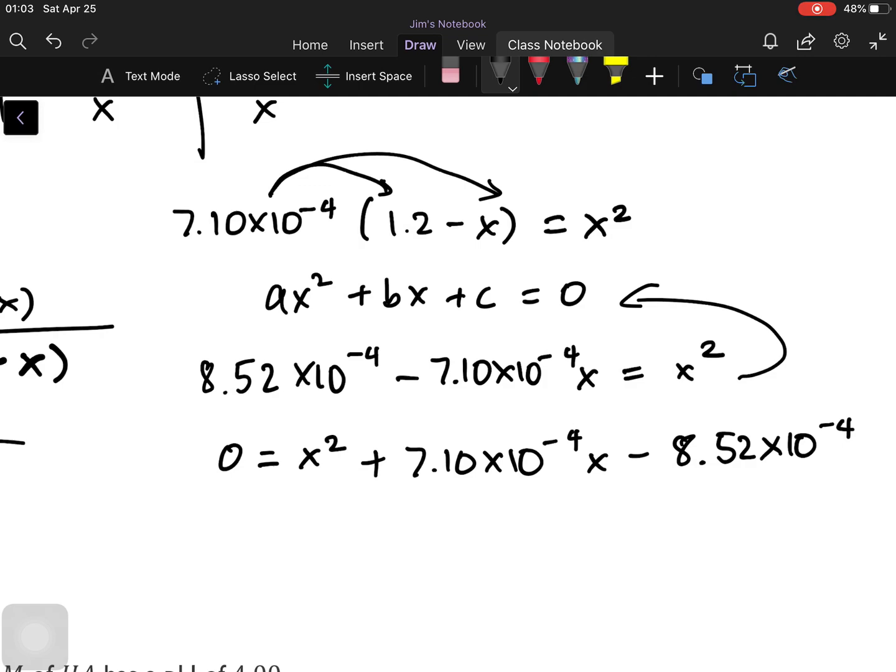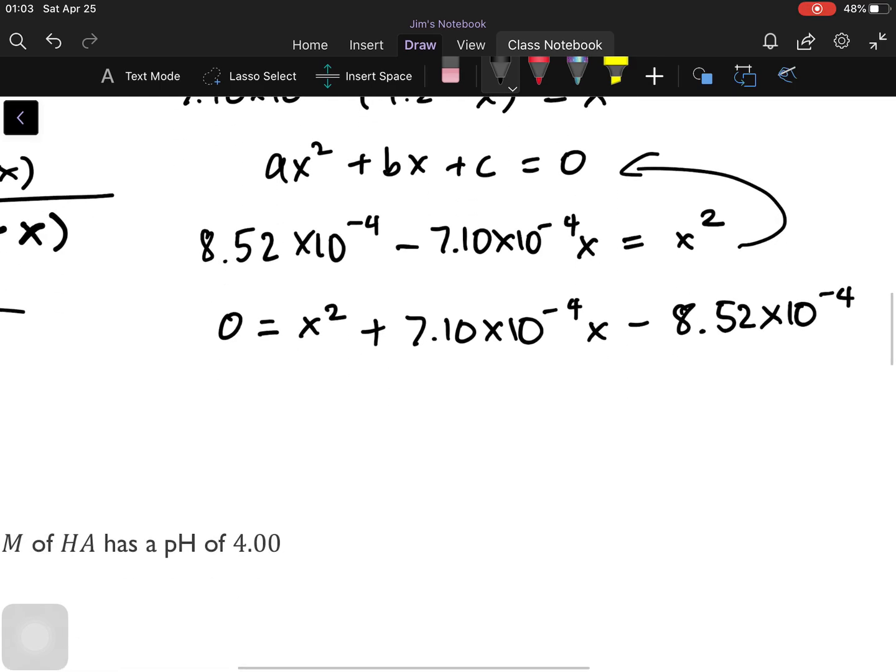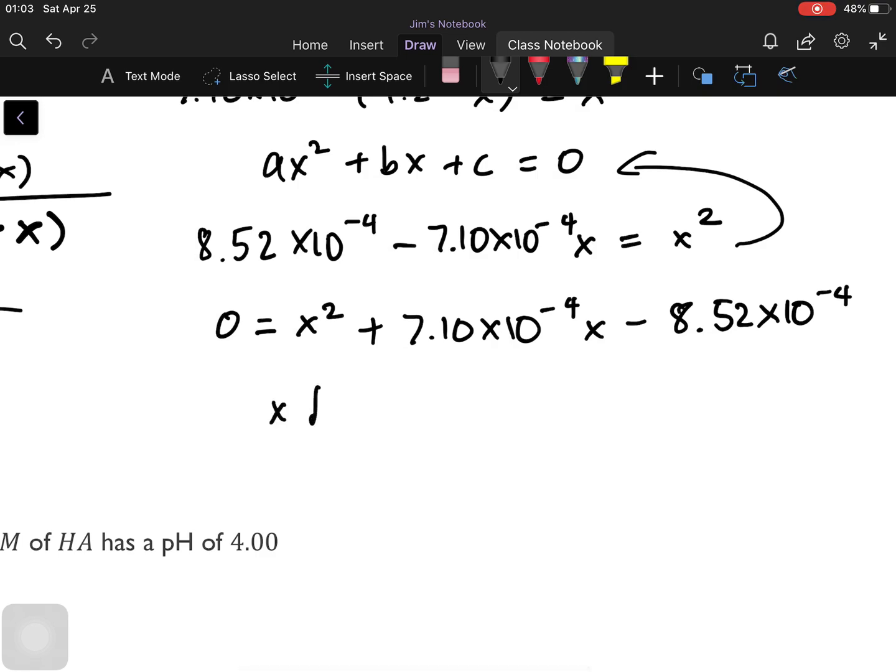I know you know how to do this already. If you still don't, you can use online calculators anyway. Okay, so plugging it all in my calculator, I obtained the value of x being equal to 0.029.